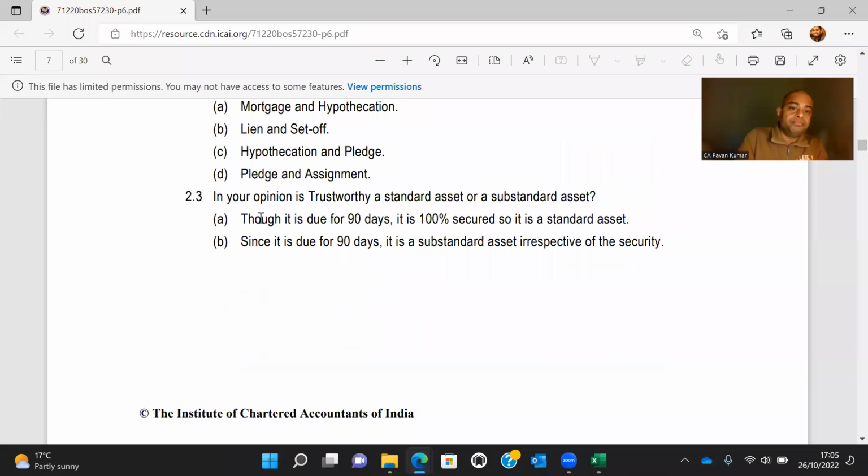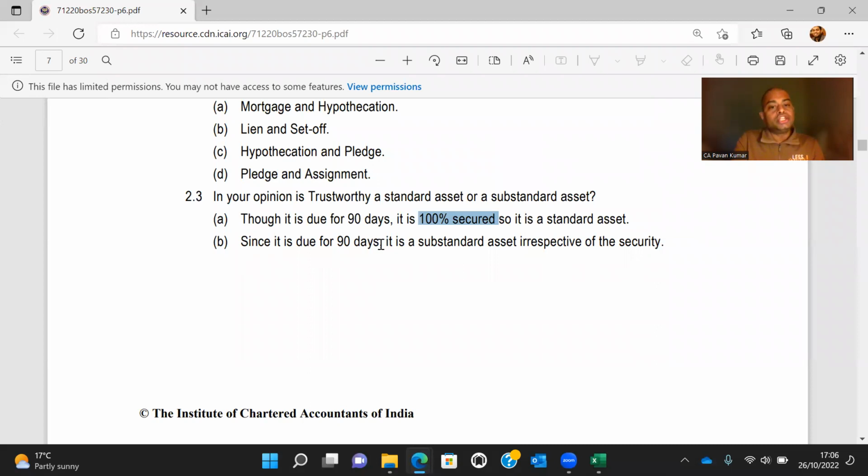Everybody is saying correct. Now, question number 3: in your opinion, is Trustworthy a standard asset or a substandard asset? A, though it is due for 90 days, it is 100% secured, so it is a standard asset.